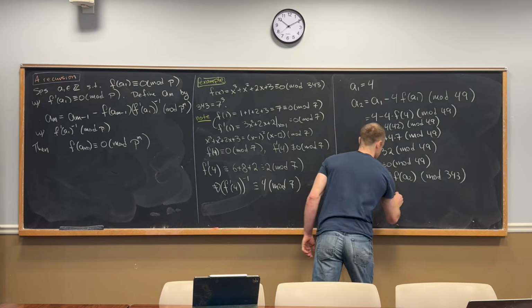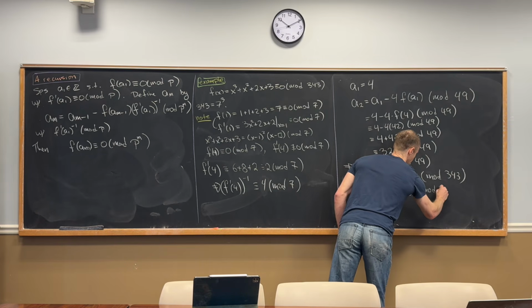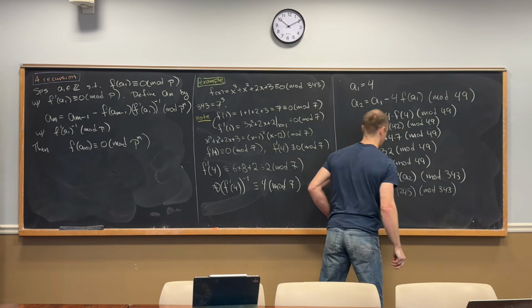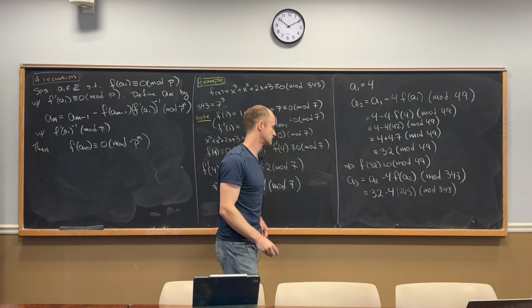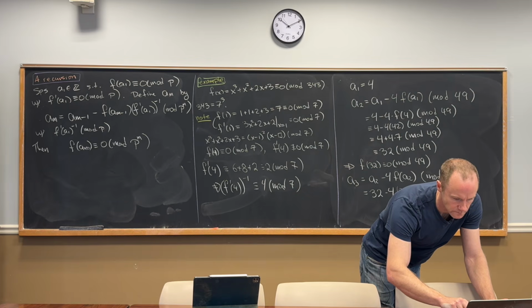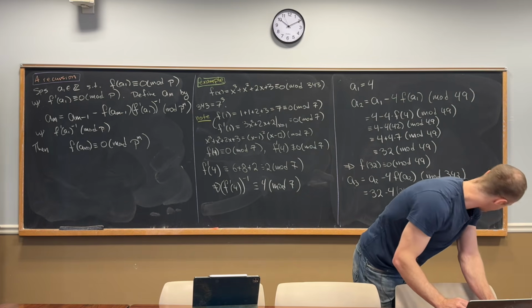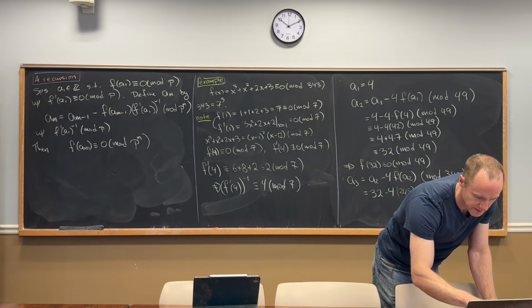245. So this is 245 mod 343. Okay, so what do we have? 32 minus 4 times 245.